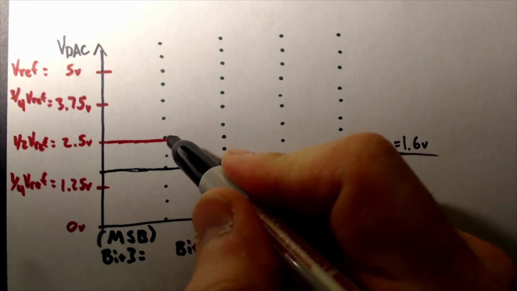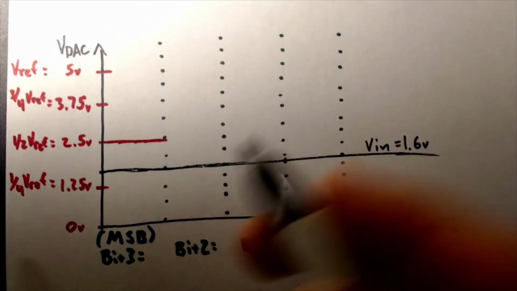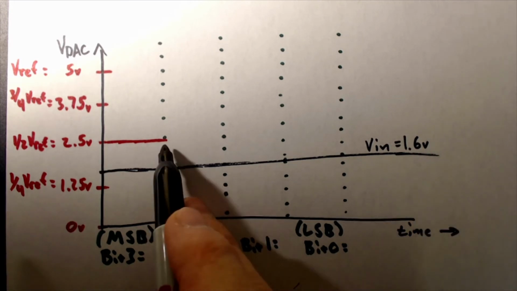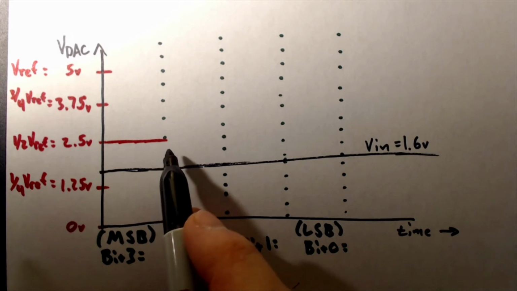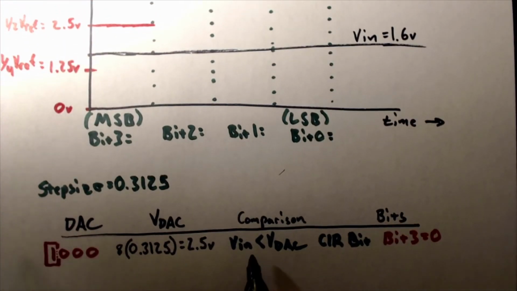And so the output of the DAC was much greater than what we were looking for. Therefore, we clear that bit because this is obviously too high. That's what we said over here: VDAC is greater than VIN. Therefore, we clear the bit. So bit 3 must have been equal to 0.